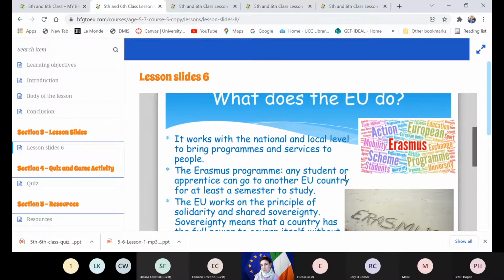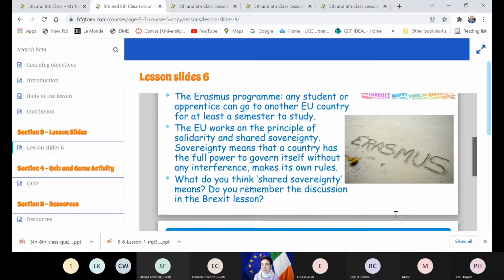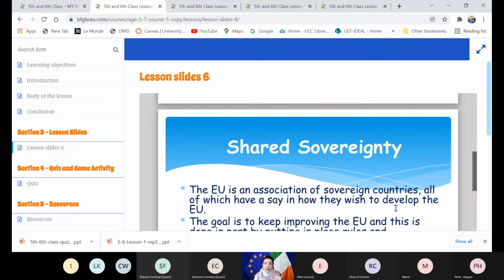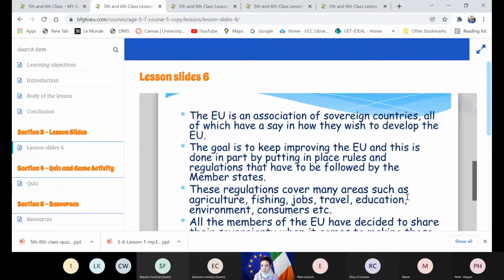This is a European program that allows any student or apprentice, and that's very important as well, to go to another EU country for at least a semester to study, without any consideration regarding fees. Obviously, accommodation is different, but there's no fee to pay to the host university.